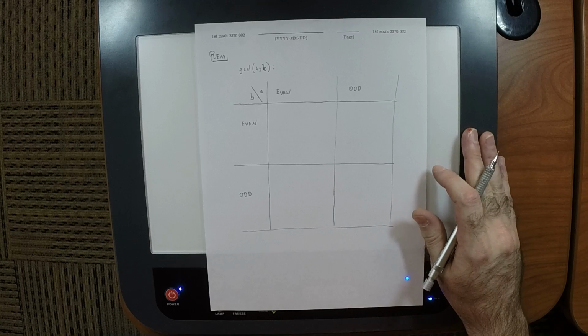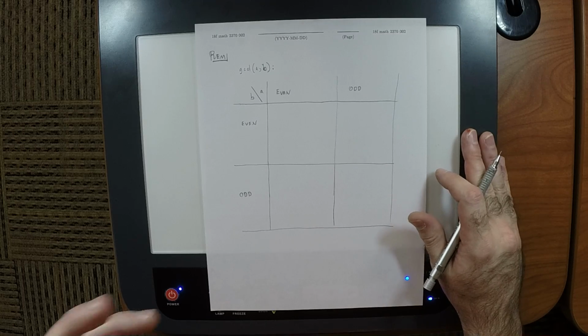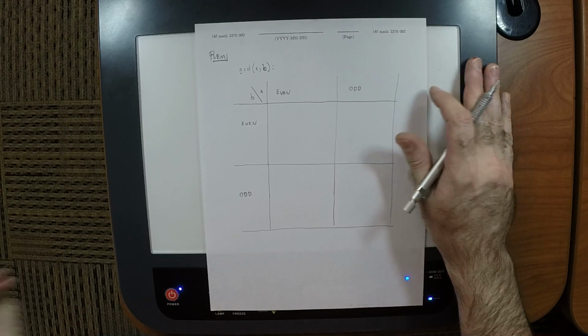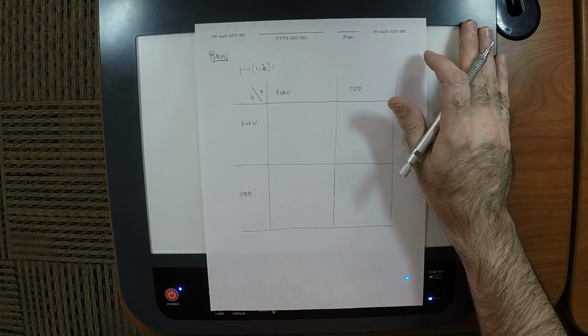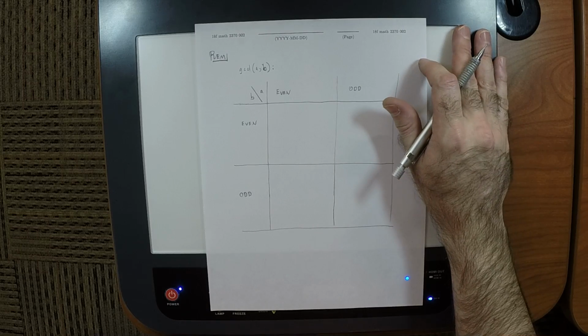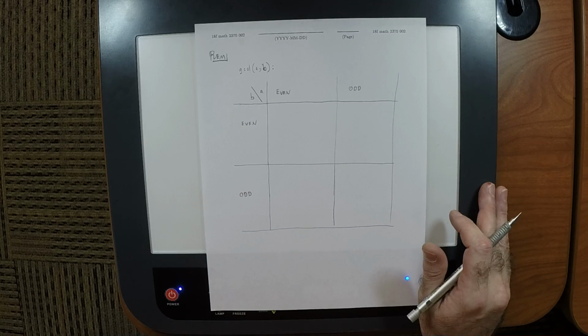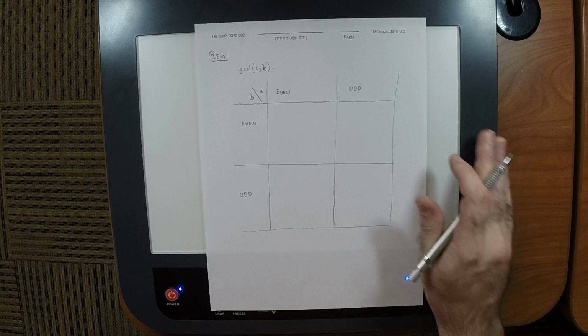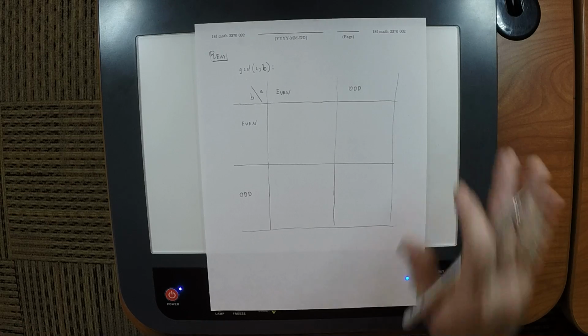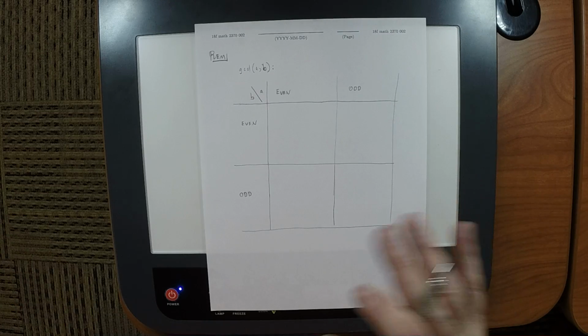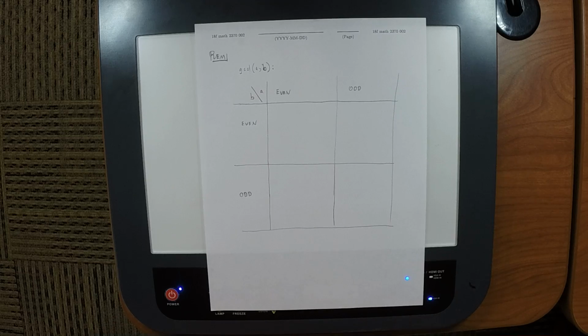So let's consider. Suppose that A and B are both even. Say I'm asking about the GCD of 20 and 30. They're both even. So what must be true about the GCD? It has to be even, right? Because if the two numbers are even, the GCD's got to be even, right?